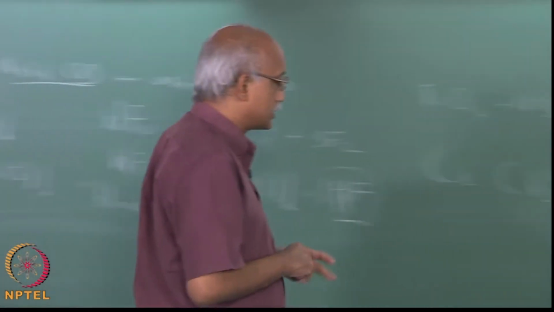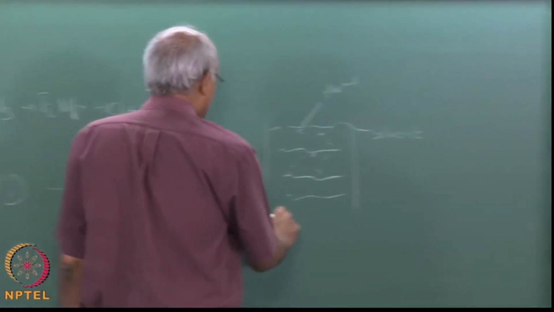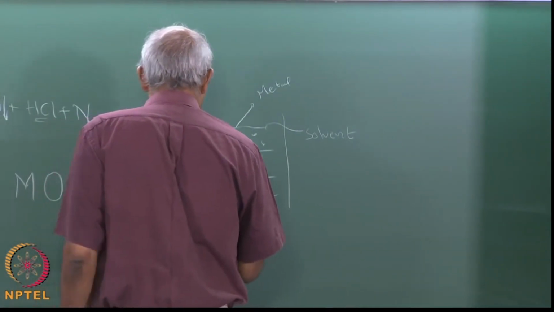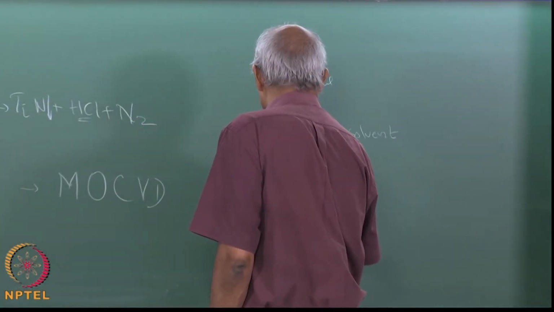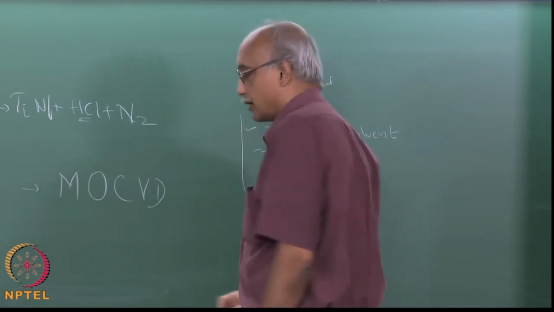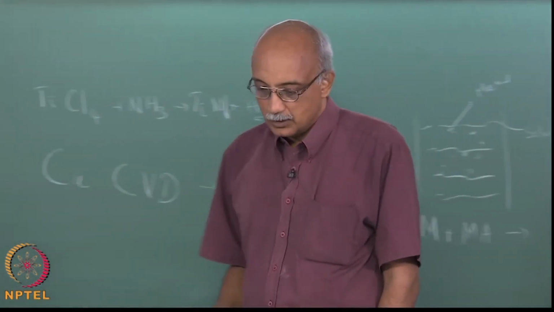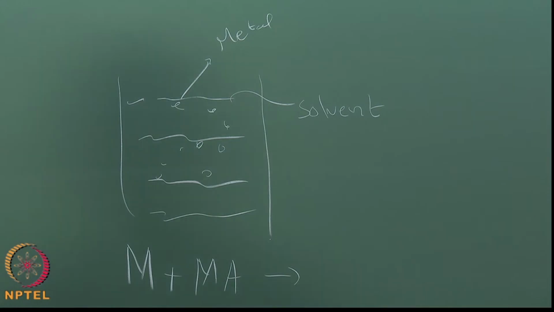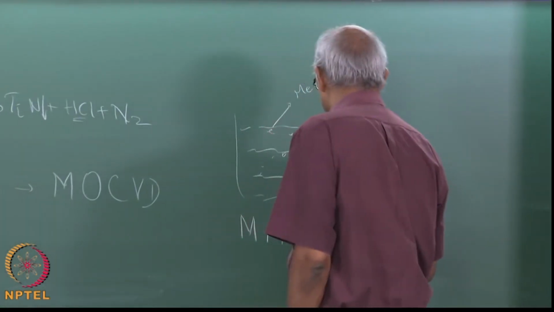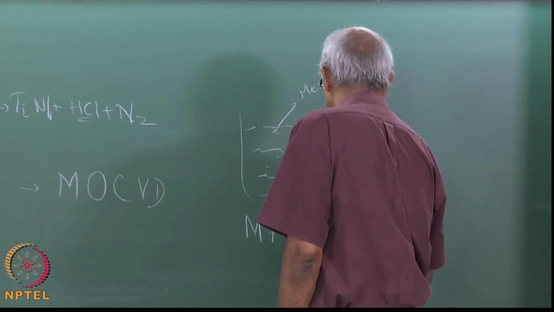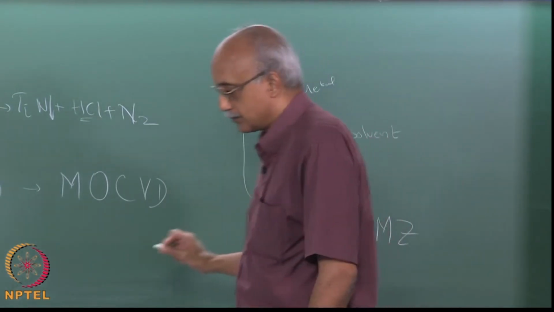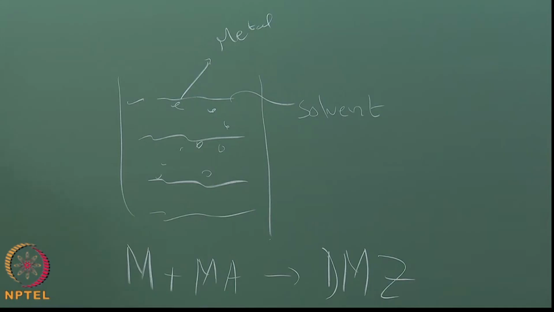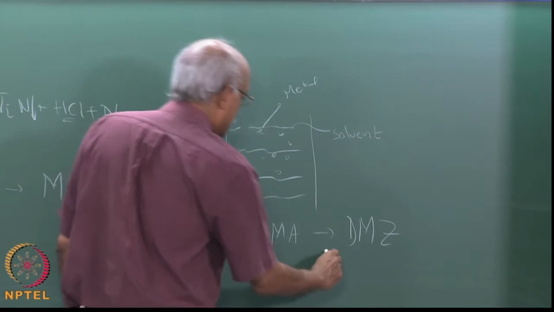So, when you do this, you can take basically any metal plus, let us say that you are using methyl alcohol, then you can make various compounds. For example, DMZ is a compound that is used to make zinc films. This stands for dimethyl zinc.